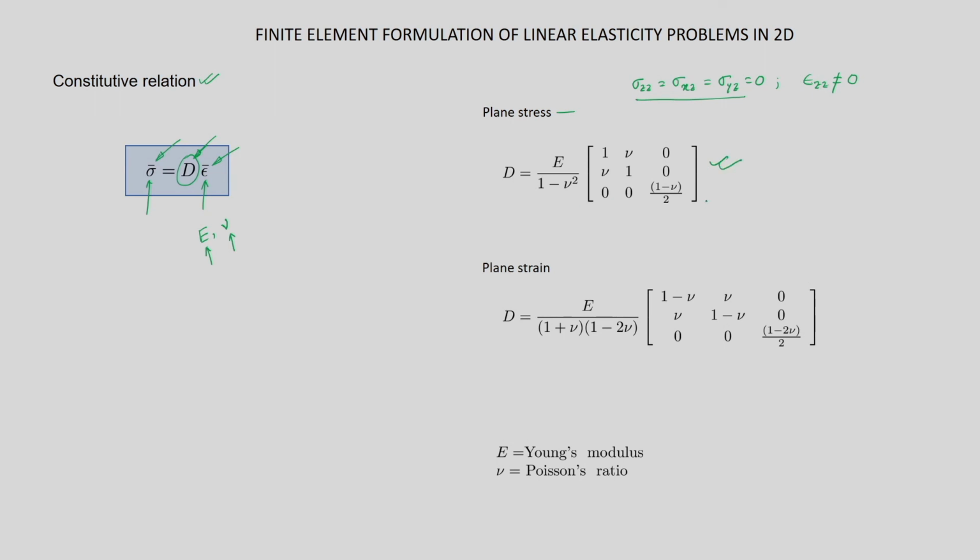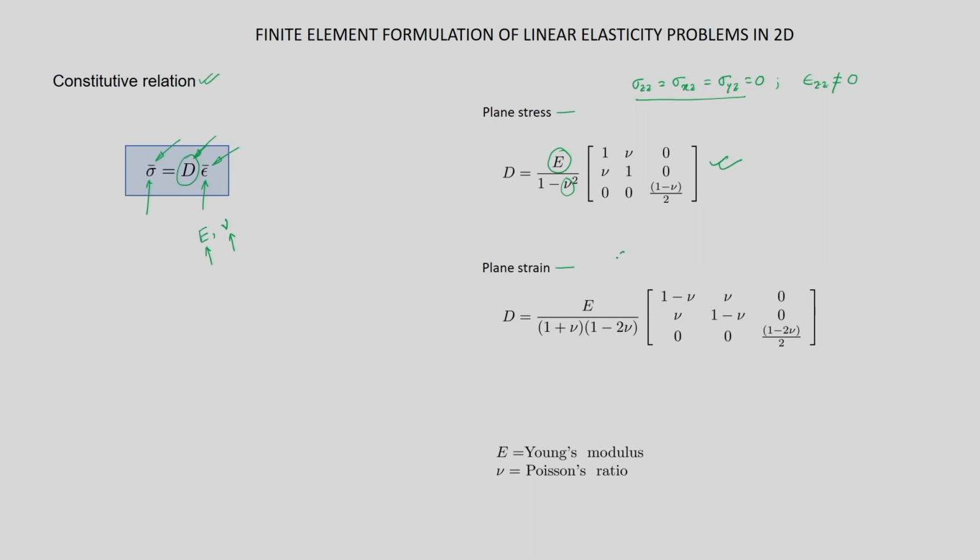Okay. Now, if I talk about the plane stress case, D appears to be like this, which contains the Young's modulus E and the Poisson's ratio nu. Now, in other cases where the material is thick, or it is thicker in the z direction compared to the other dimension in the xy plane, then we assume epsilon zz is equal to epsilon xz is equal to epsilon yz as 0, fine, and in that case D appears as this.